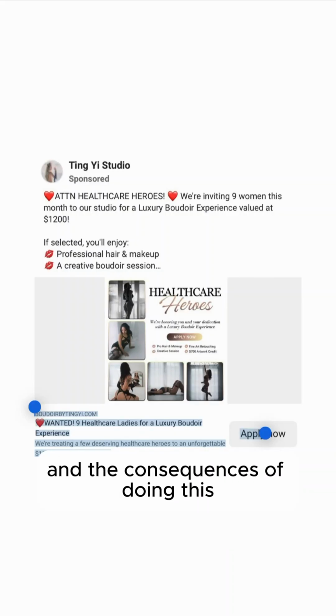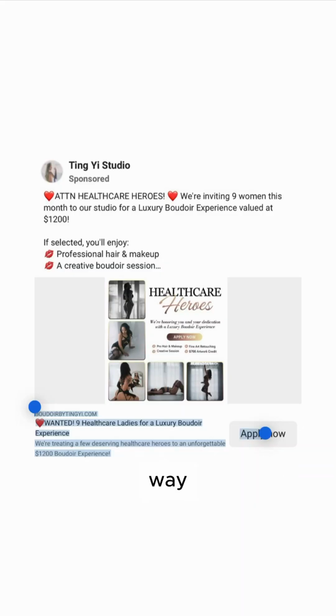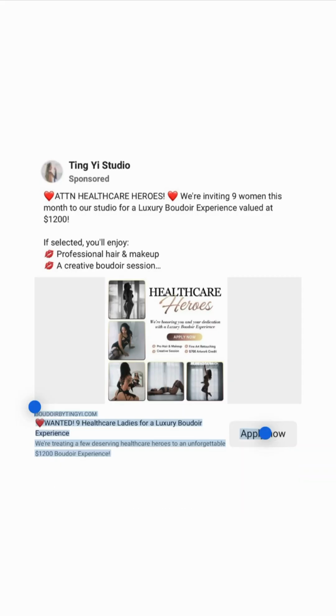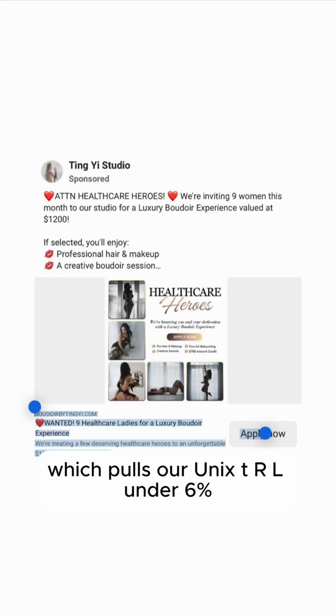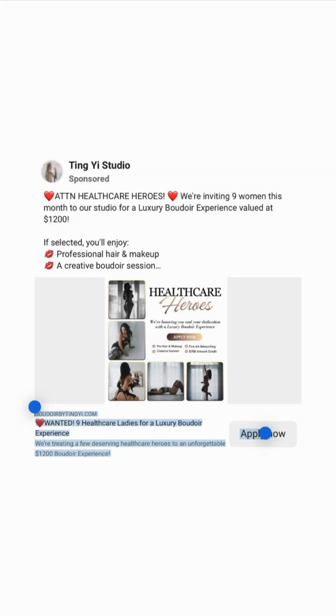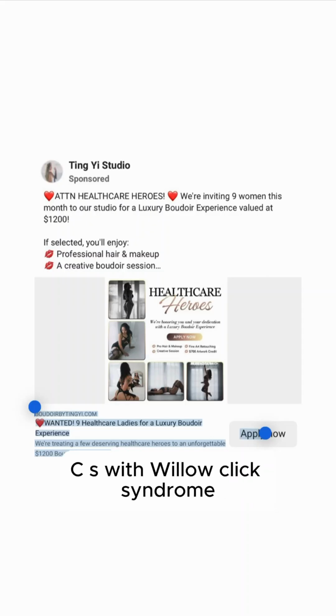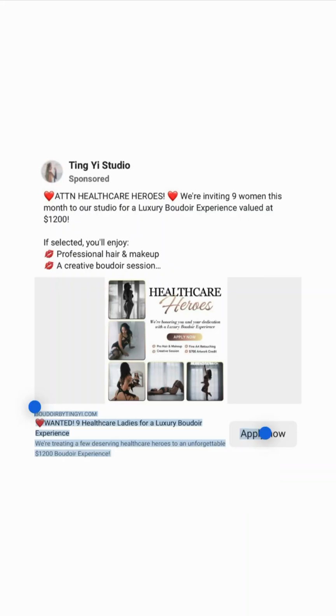And the consequences of making this mistake is way more women are scrolling by our ad than necessary, which pulls our unique CTRL under 6%, and it increases the probability of us having BLCS, Boudoir click syndrome.